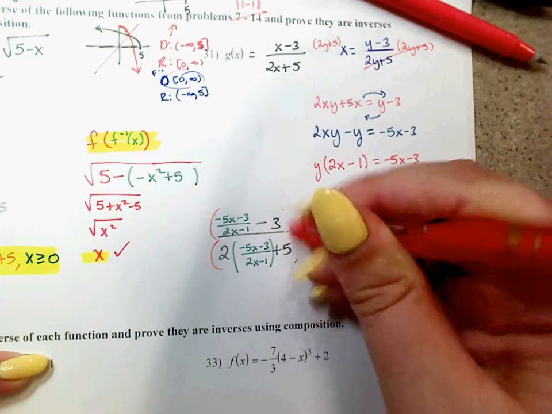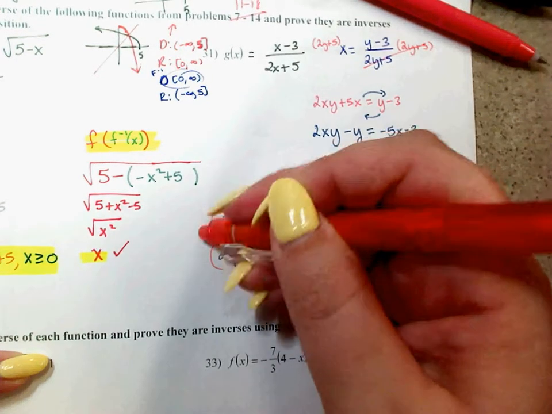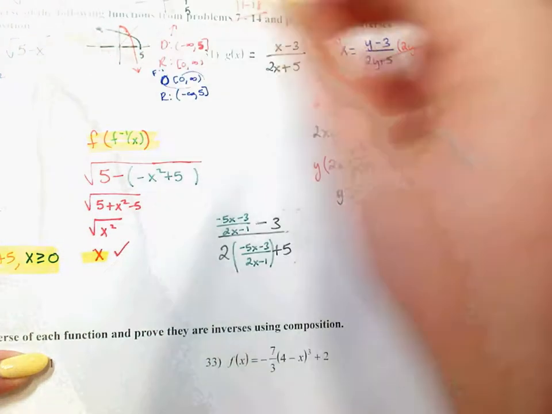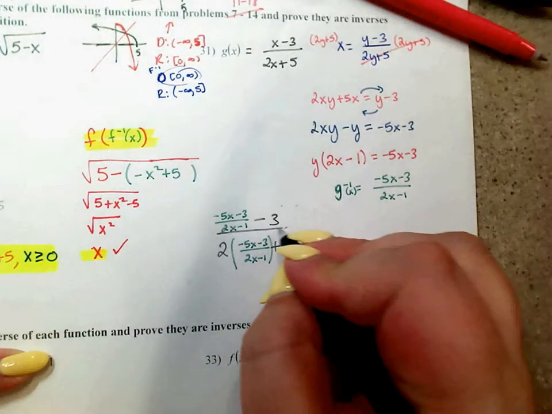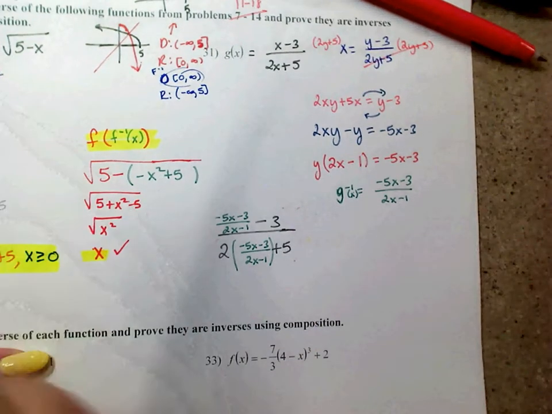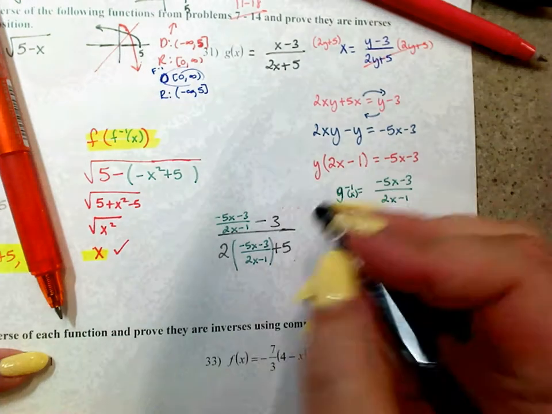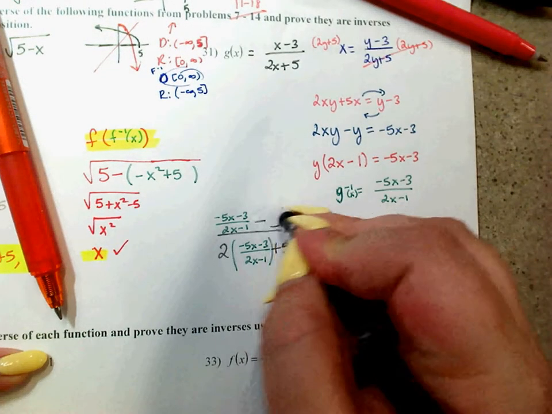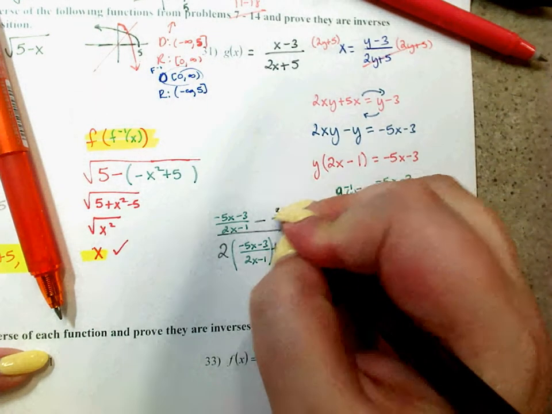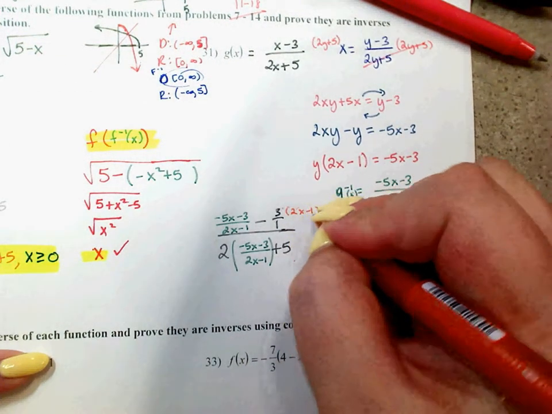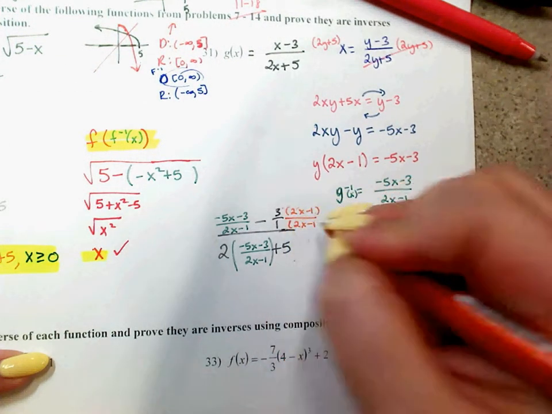But I'm going to go ahead and just make sure everyone is solid on the process. Okay, so 3 is technically a fraction, and you can rewrite that as 3 over 1. So I'm going to do that. And I'm going to multiply numerator and denominator by 2x minus 1 so that I have a common denominator in the numerator.